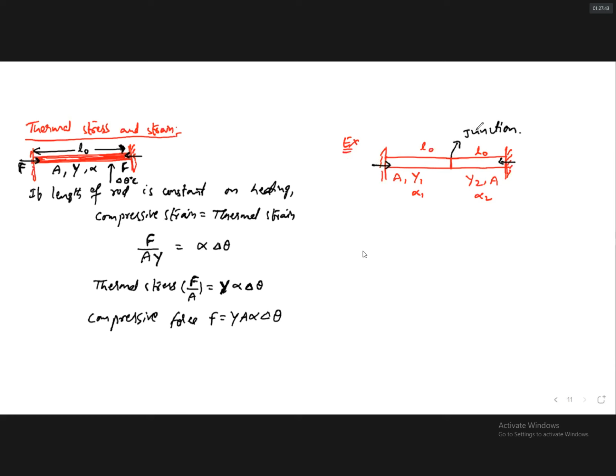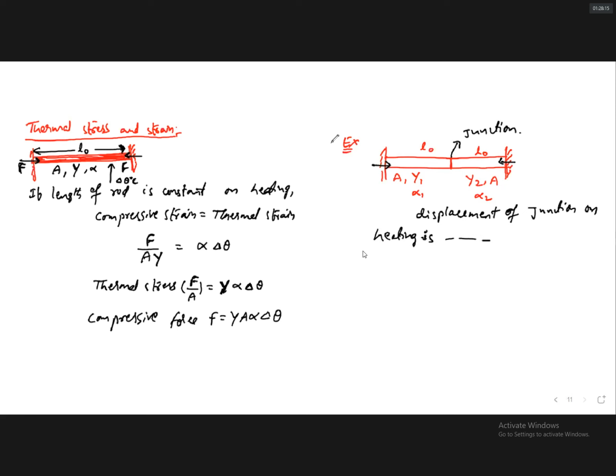Now we need to calculate the displacement of the junction on heating.